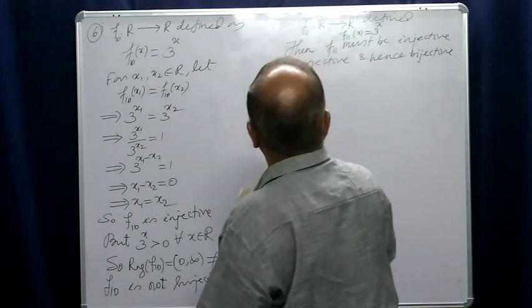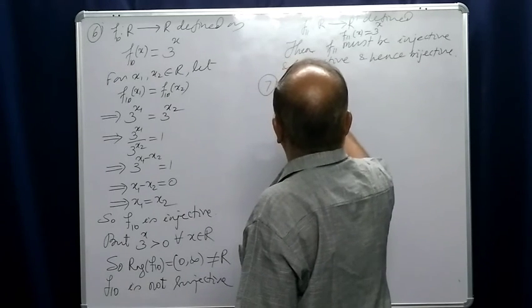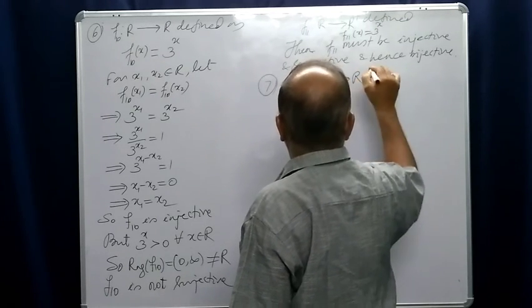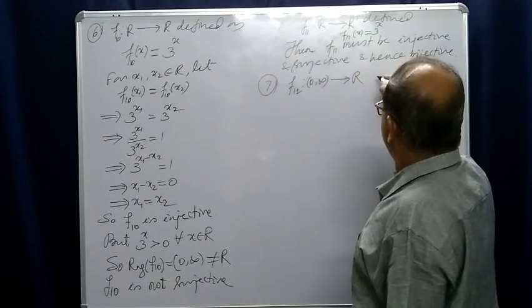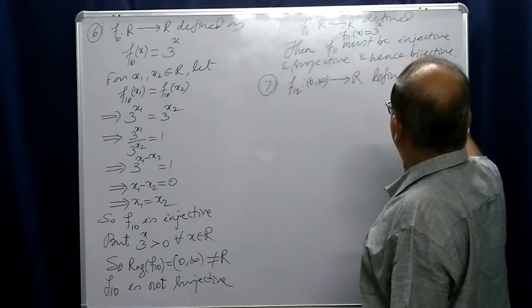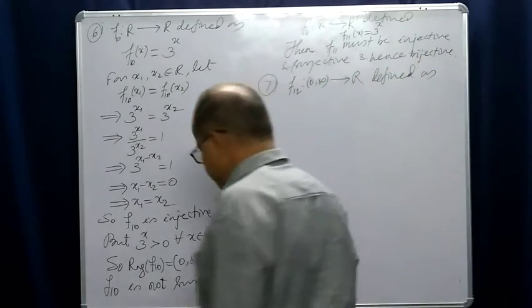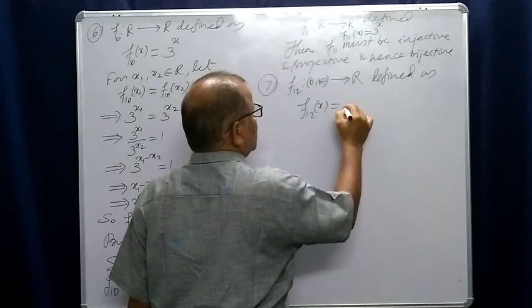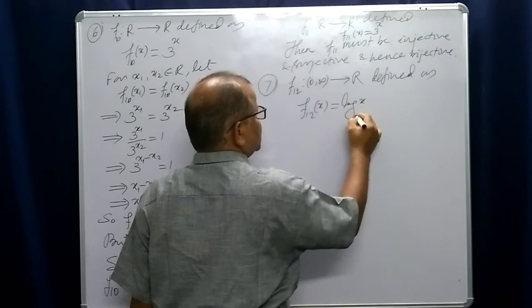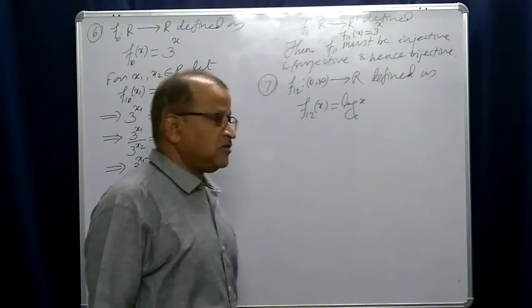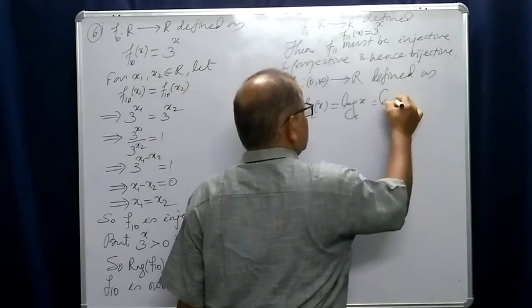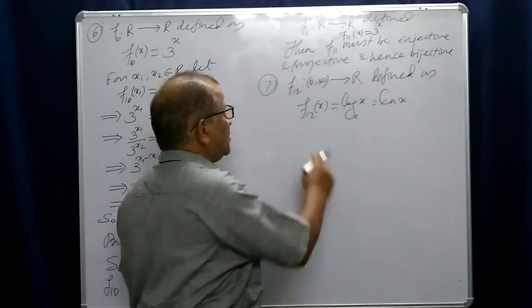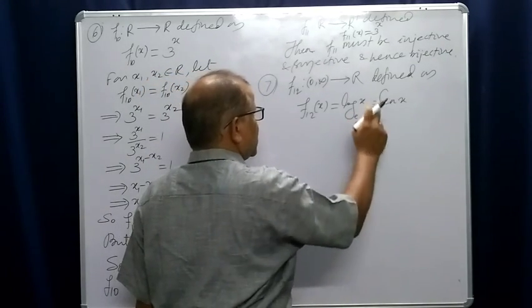So suppose f12 is a mapping from positive real numbers to R, defined as f12(x) is equal to logarithm of x with base e, which is known as the natural logarithm, ln x. Let us see, f12(x) is log x.